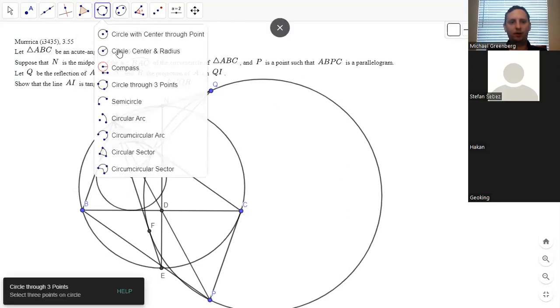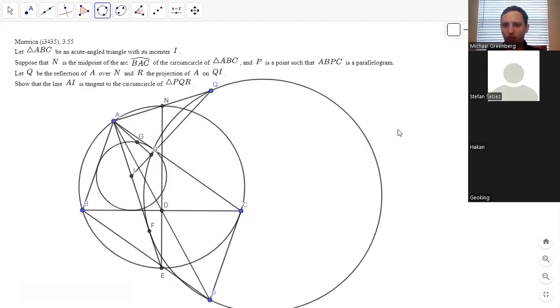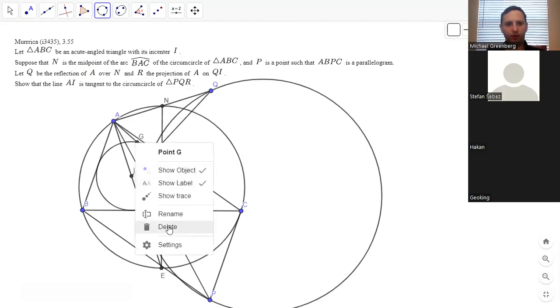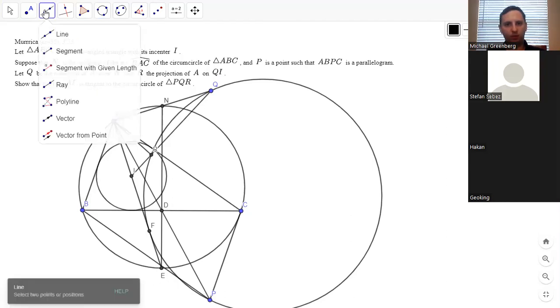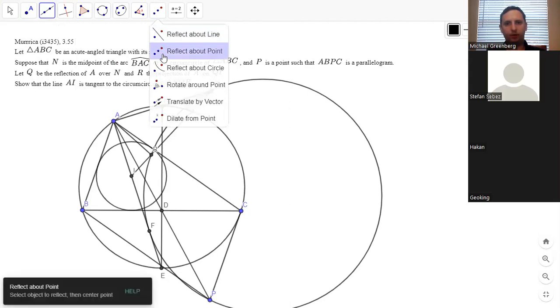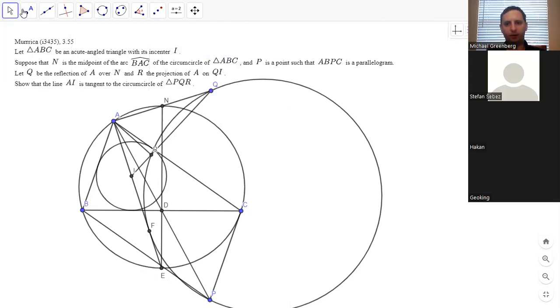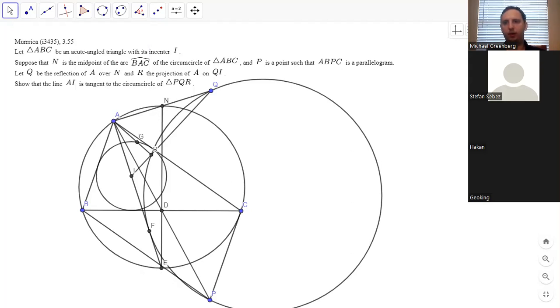All right. So yeah, G is not the midpoint of AR. So wait, do you want me to find G as the midpoint, or like it was in the figure? Okay, as the midpoint.